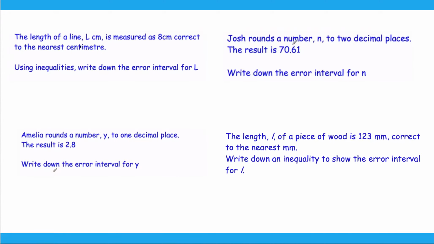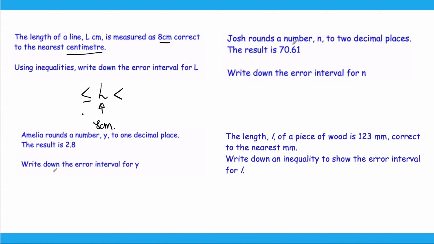The first one: the length of a line L centimeters is measured as 8 centimeters, correct to the nearest centimeter. Using inequalities, write down the error interval for L. The letter always goes in the middle, and we always have our signs over here. We know L is 8 centimeters, rounded to the nearest centimeter.